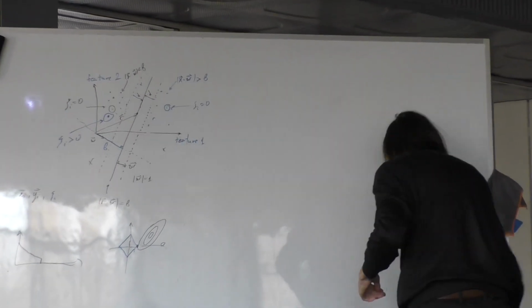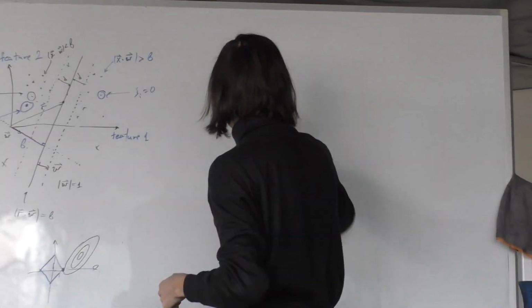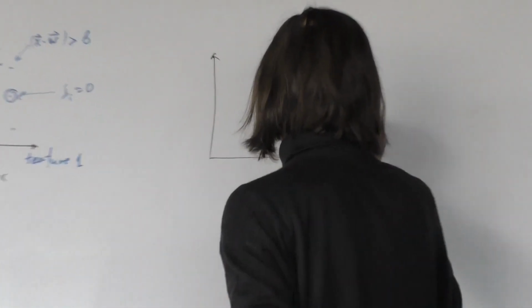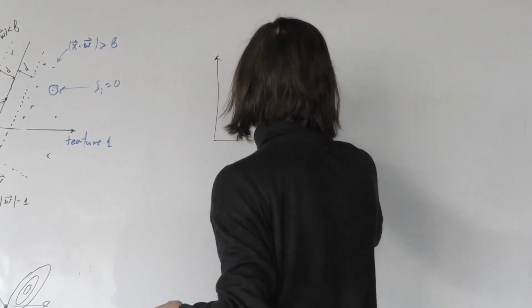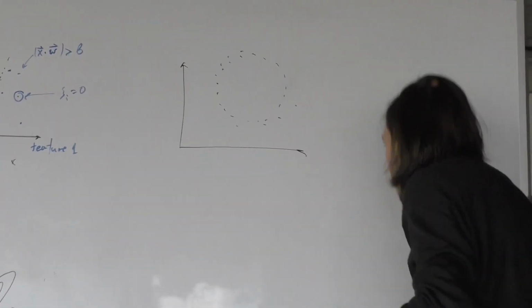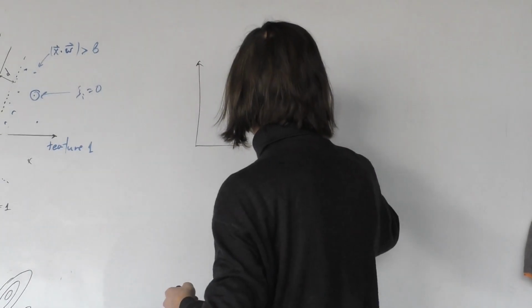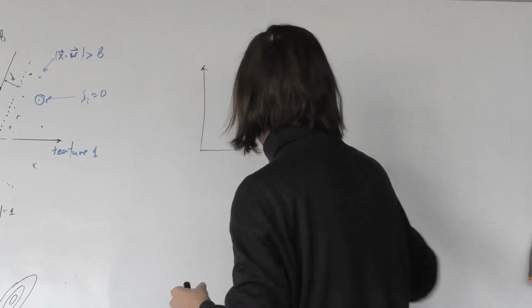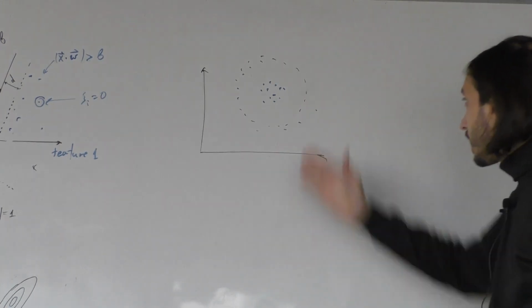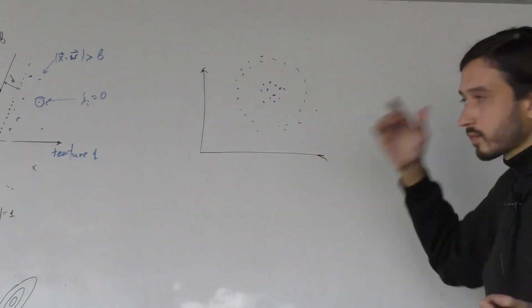Okay, so what do we have? Here is my data set that is not linearly separable by any means. Here is my class black, here is my class blue. I want to separate that somehow, but I cannot do that with any line.